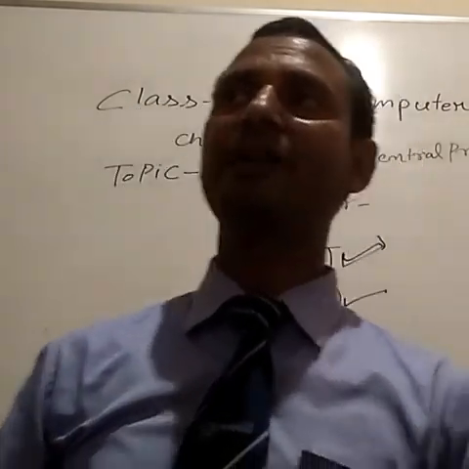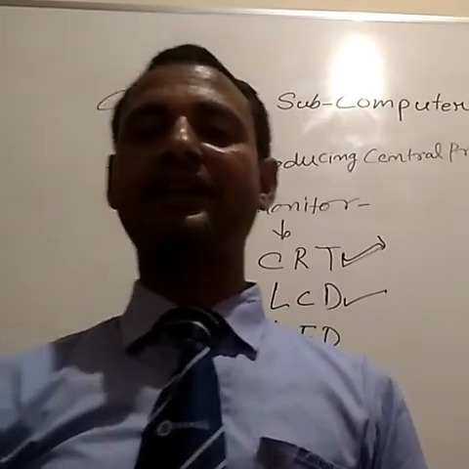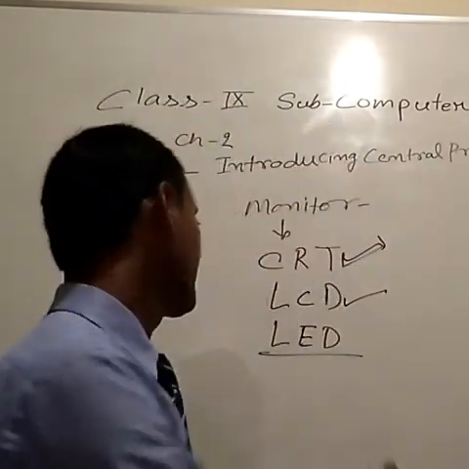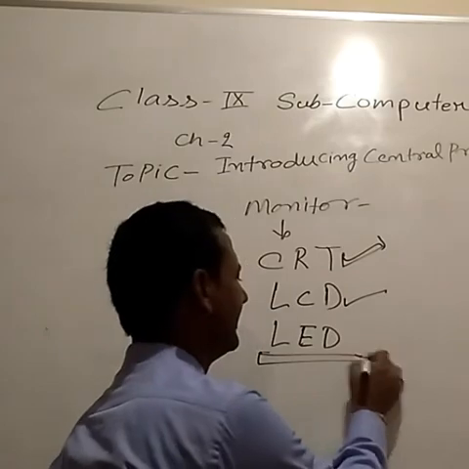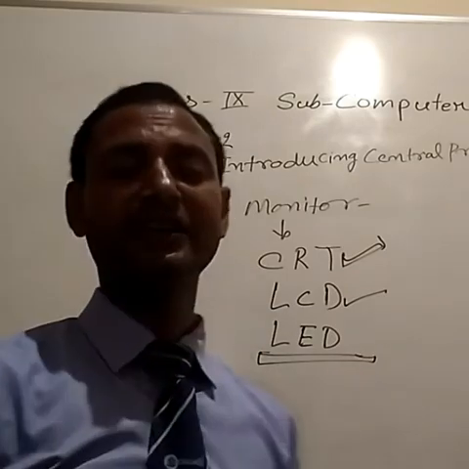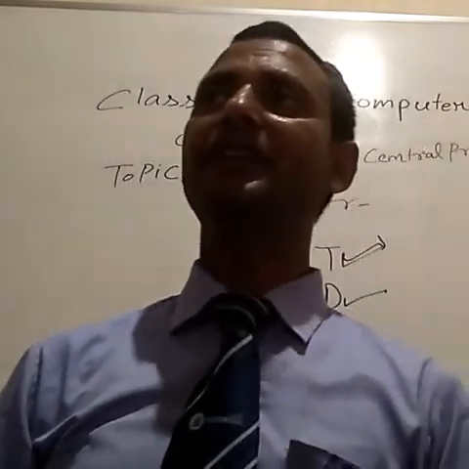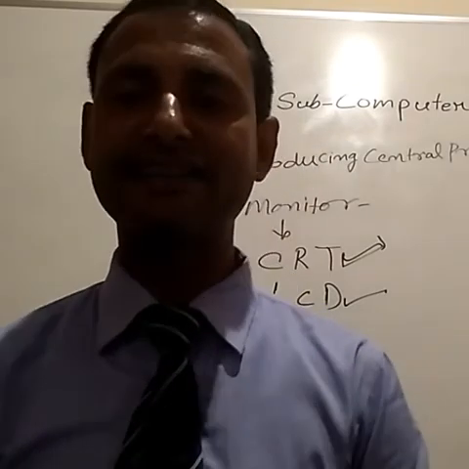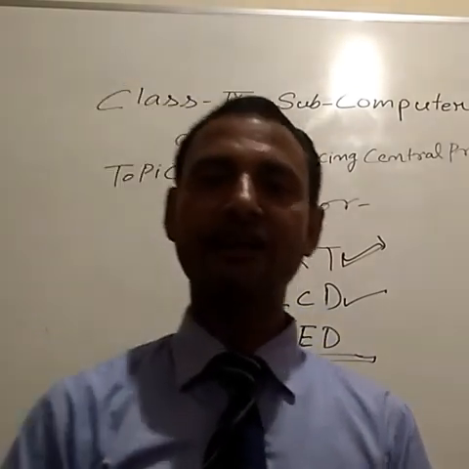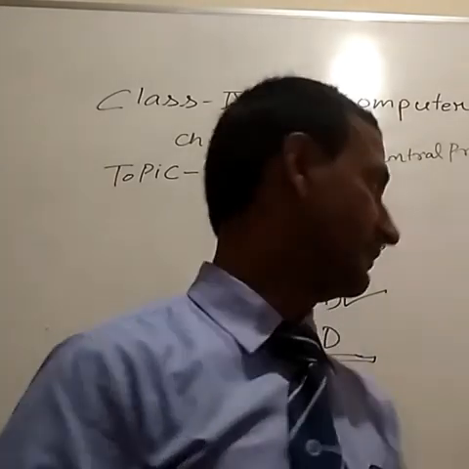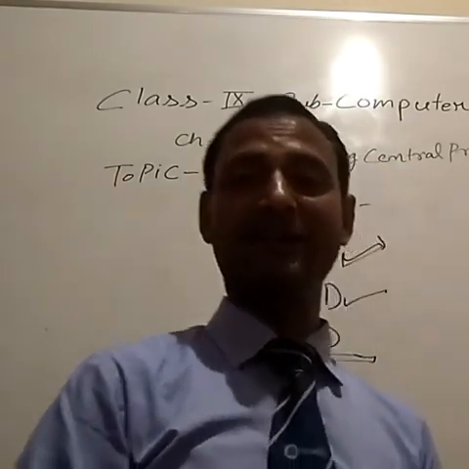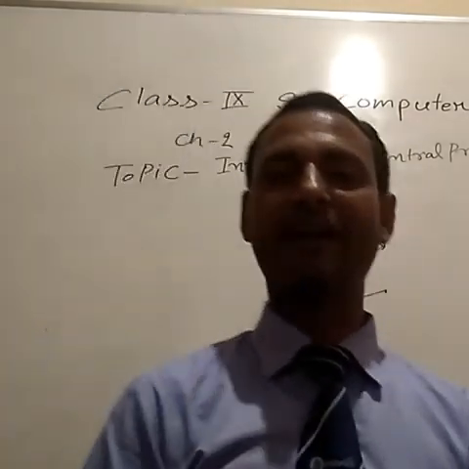Light emitting diode is a technology used in monitors for quality. Nowadays we see a lot of examples of LED used as television and as monitor, and this technology displays your data so the output result given by the computer is very clear and of very good quality.